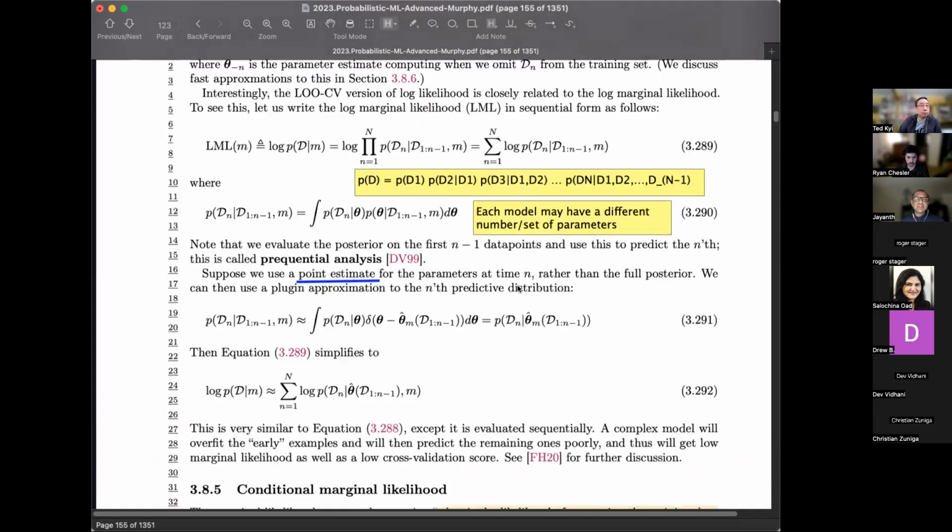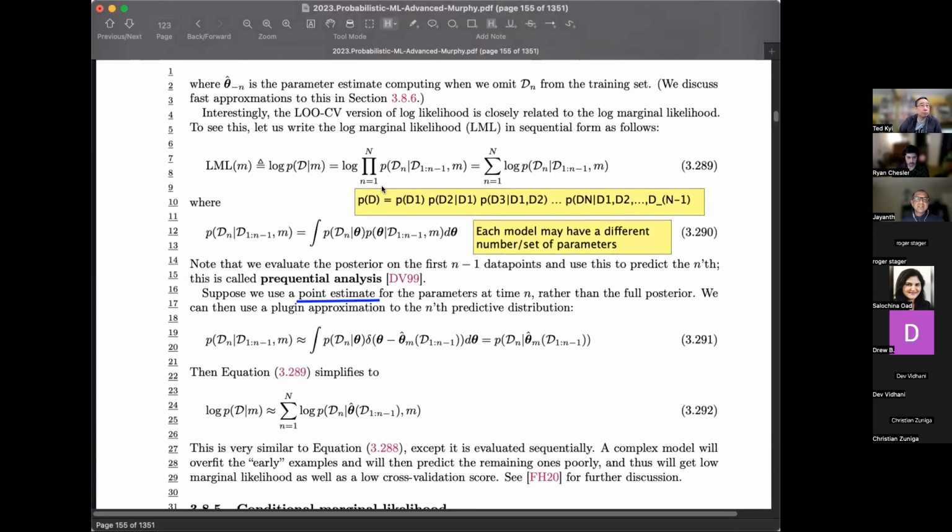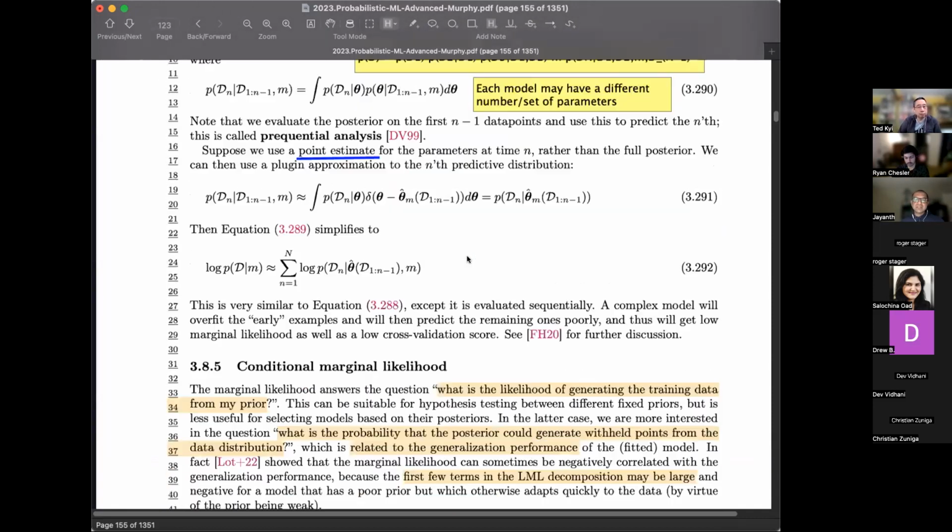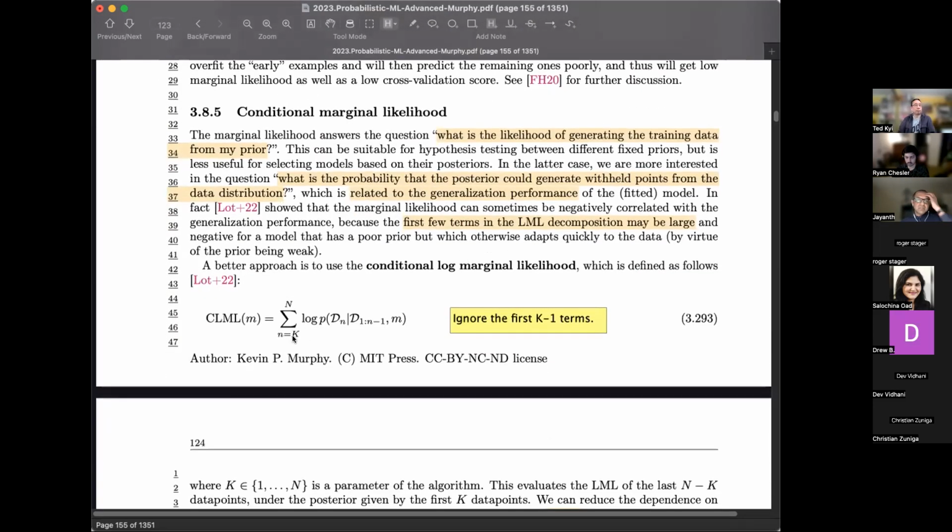If you can see here, these estimates might be very high because there's not much data in play. And therefore you're saying, okay, I'm just going to ignore these first k-1 terms and just use the rest of it. That's what this is trying to do here.